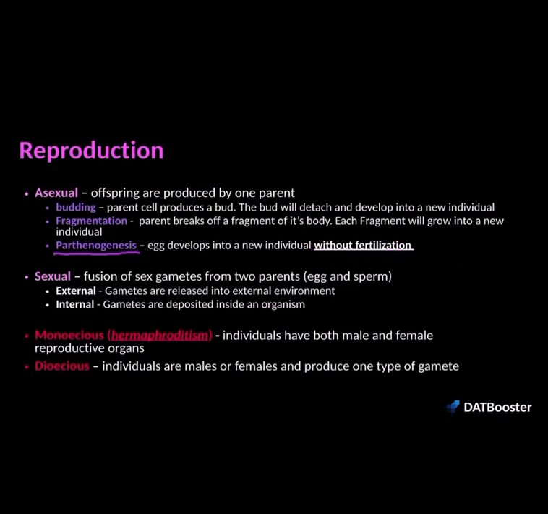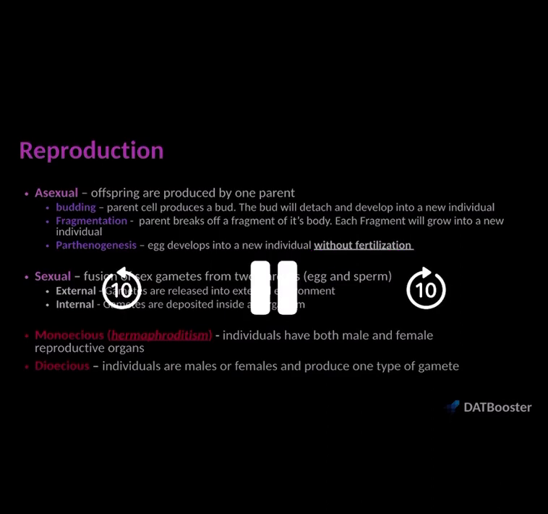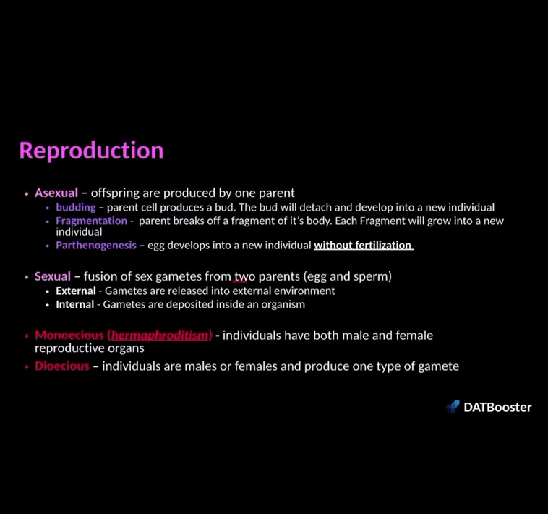There's a few types of sexual reproduction. Remember, sexual reproduction involves two parents here. That's where you're going to have a sperm and an egg. You have two gametes, both haploid, fusing together. If you ever hear external fertilization, that's where the gametes are released into the external environment where they meet and then fuse. Internal fertilization is probably what you're thinking. That's where the gametes are deposited inside the organism, and that's where fertilization occurs.